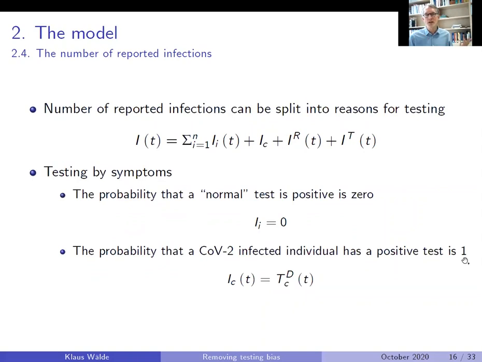So we assume the test works perfectly. As I said, we could extend the model. This would be trivial. So for simplicity, we say this is 1. So the number of reported cases of individuals that actually have CoV-2 is given by the number of tests we undertake on individuals that are CoV-2 infected.